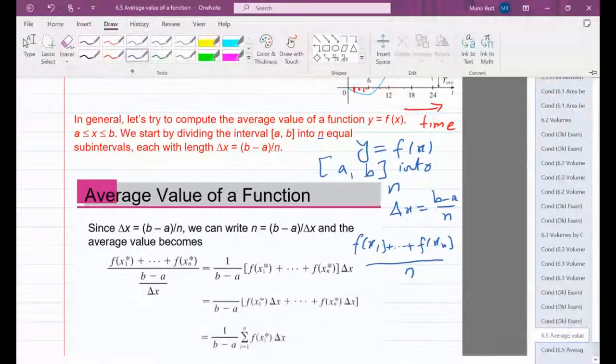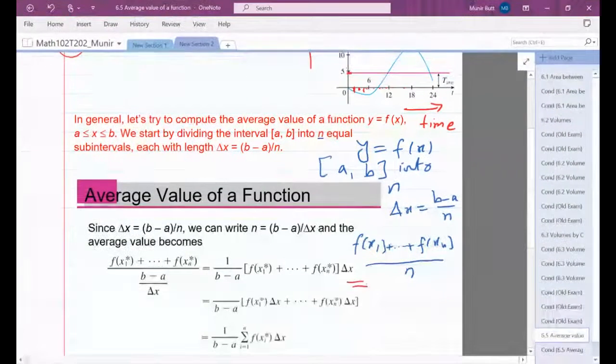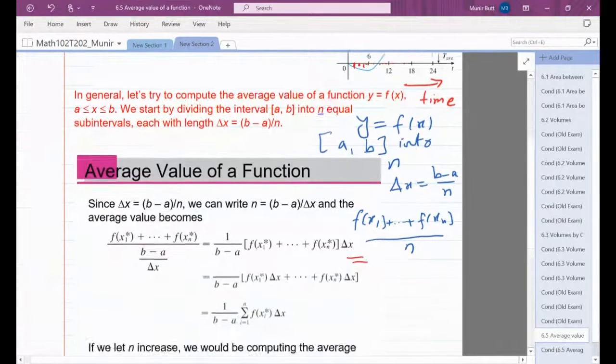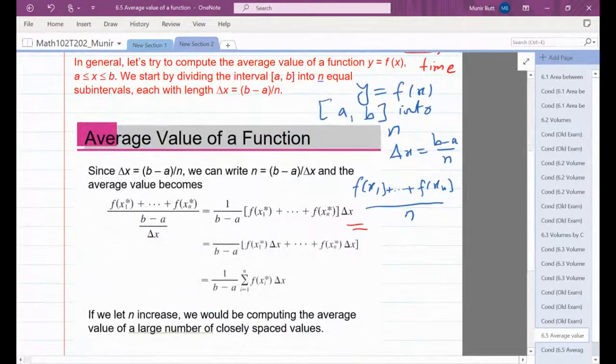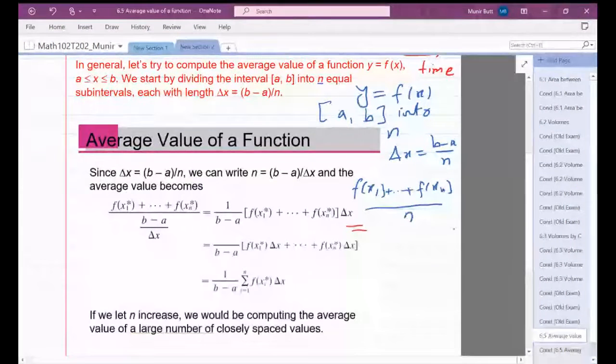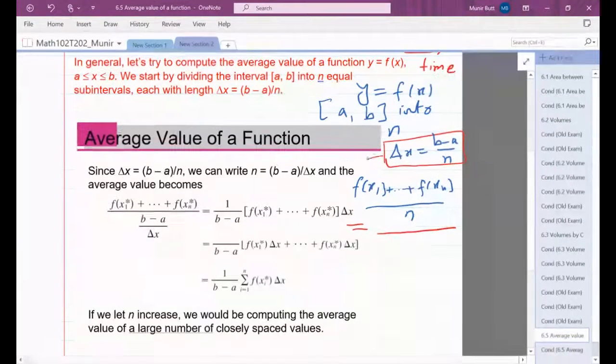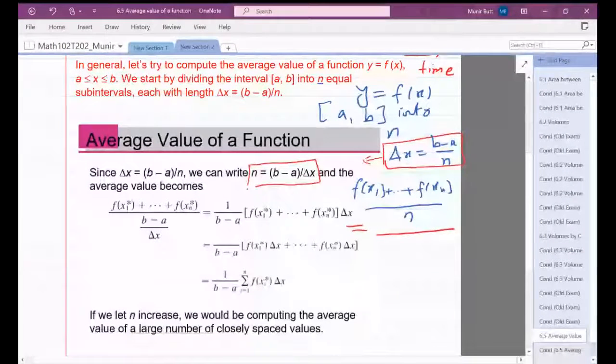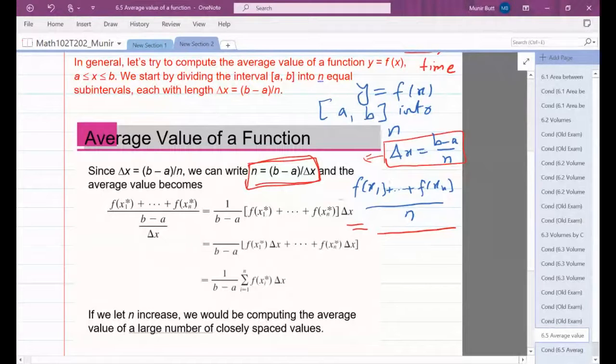Now we will simplify and see the conclusion. Everything is written here, but I am still trying to convince you how it was done. From here you can see what n is: cross multiplying, n is equal to b minus a over delta x.